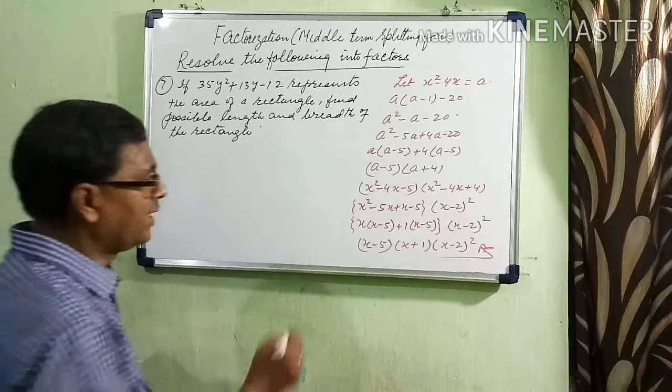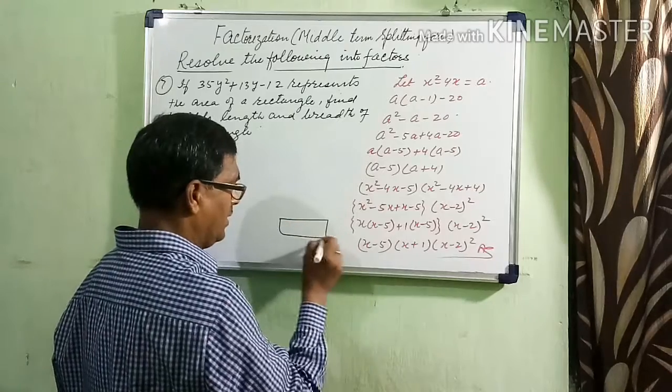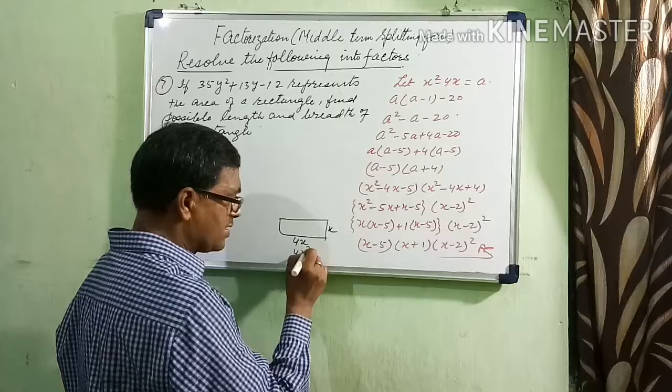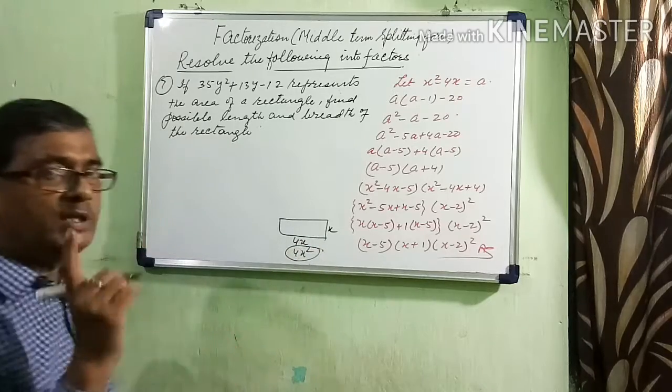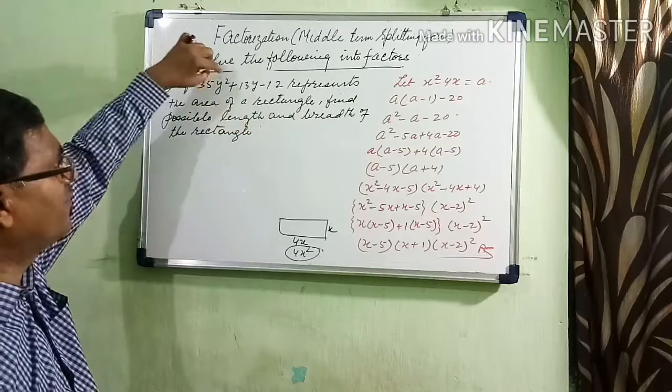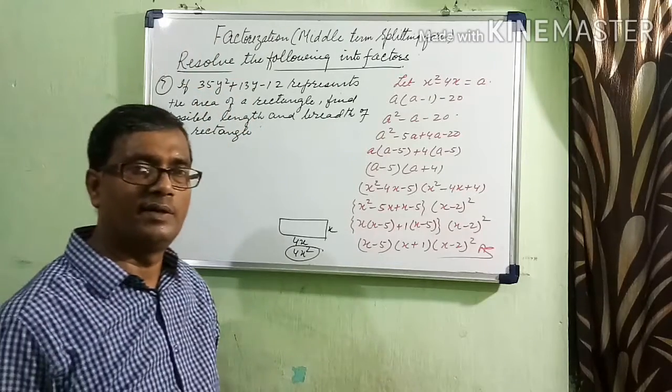If suppose I say this is 4x and this is x, what is the area? 4x square. I mean to say that this is a quadratic polynomial, means this will definitely represent an area.